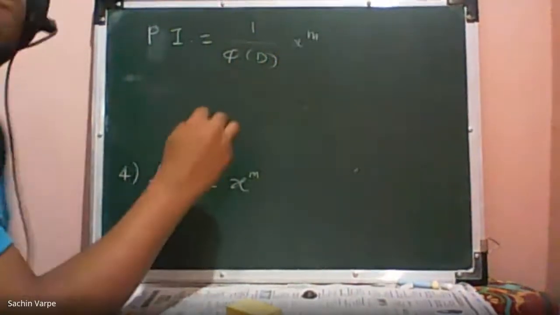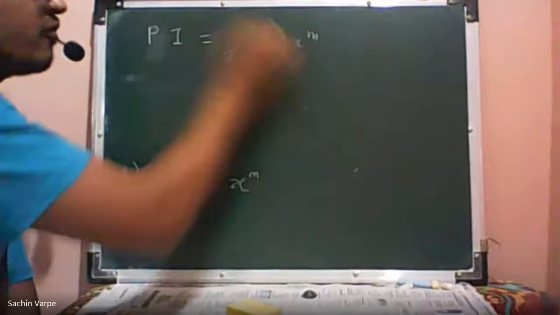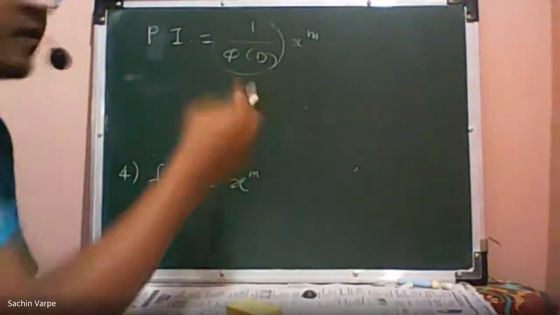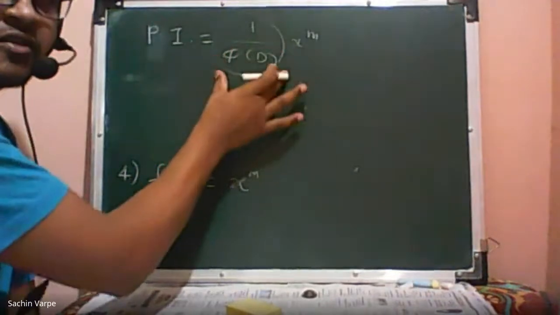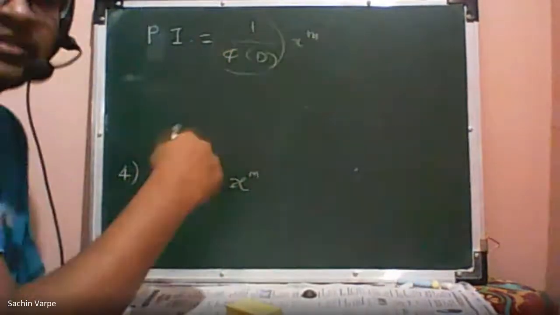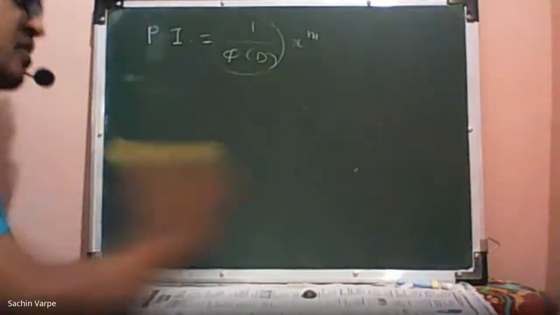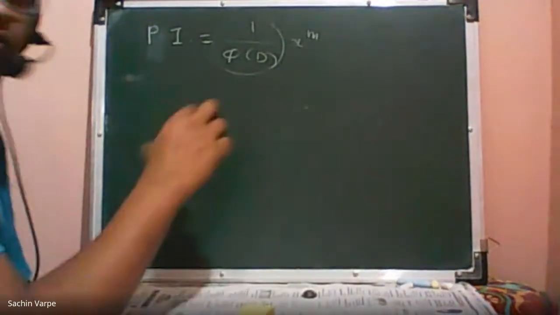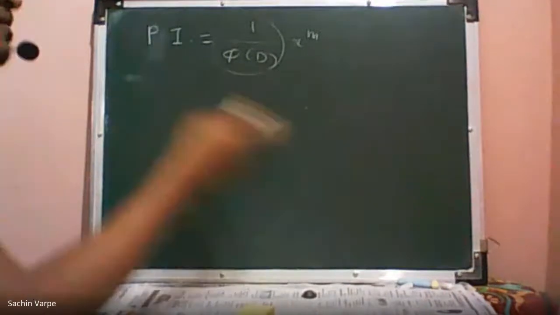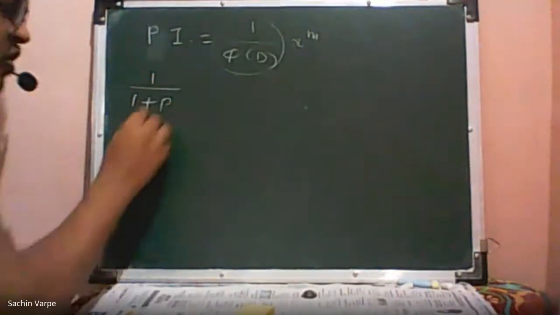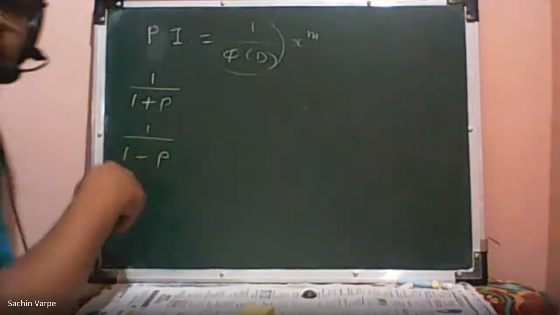So what we are doing? We are expanding this 1 upon phi of d using the Taylor's or Maclaurin series expansion, isn't it? Or we are writing this rational function in terms of infinite terms, using the standard expansion. Mainly the two expansions we are using here, and that is actually a subcase of binomial expansion, isn't it? So those two expansions are 1 upon 1 plus p or 1 upon 1 minus p. These two expansions mainly we are using here.